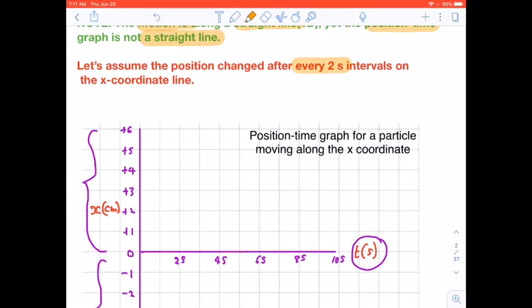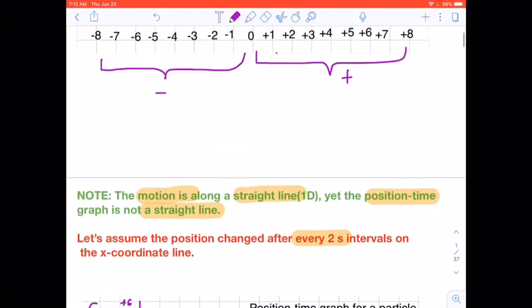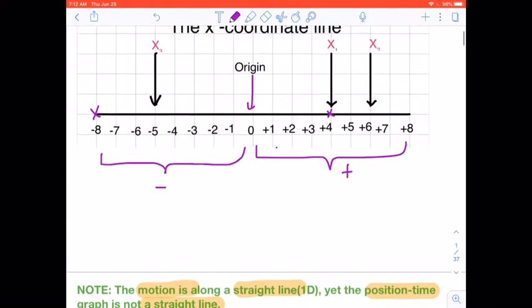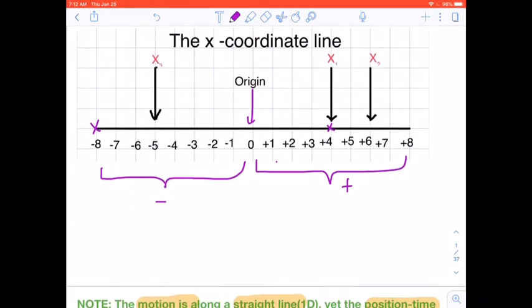And we need to indicate the motion. So here we have x1, as you can see, that is x1, that's x2, and that's x3. So from the origin to here, it takes 2 seconds.